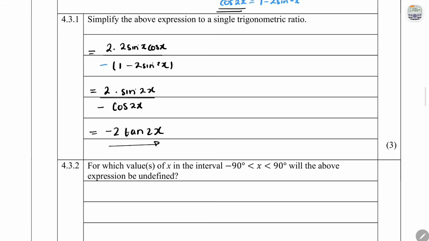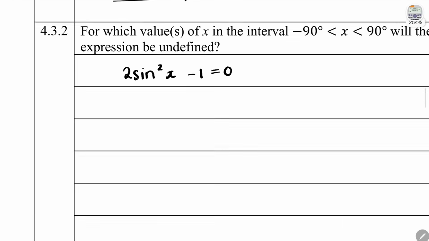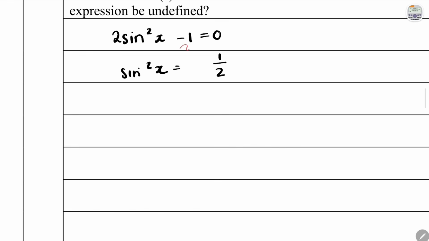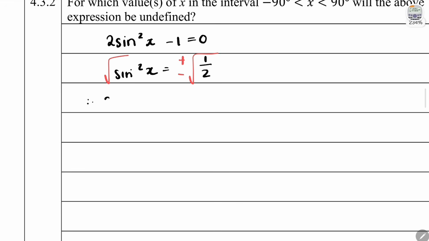Okay, these two equations are equal. So let's just work with this. So 2 sine squared x minus 1 equals 0. And we can transpose the 1, and so it will make it positive. And then we can divide both hand sides by 2. So we'll have sine squared x equals 1 over 2. And then we can square root both hand sides. But that will result in a positive and a negative solution. So this is now sine x is equal to positive or negative the square root of 1 over the square root of 2.